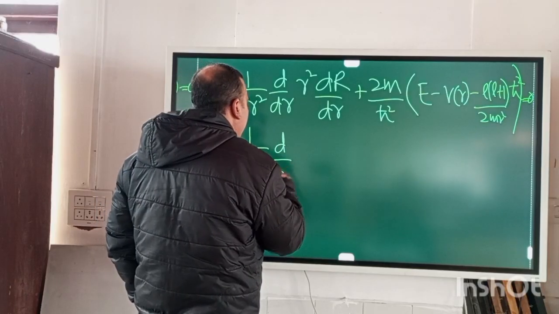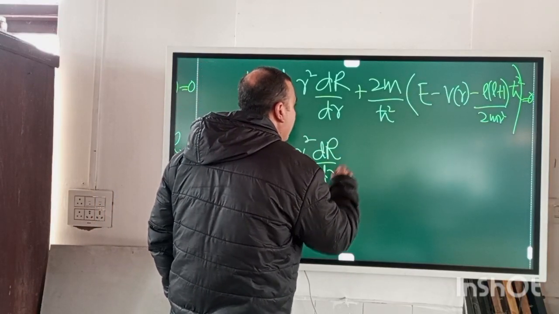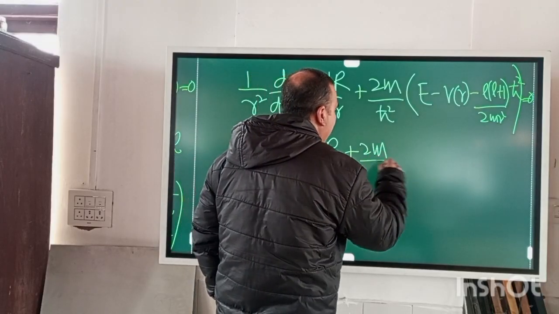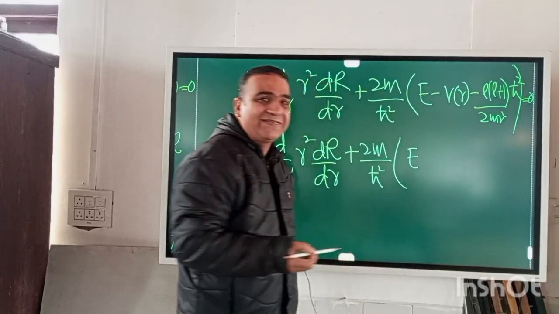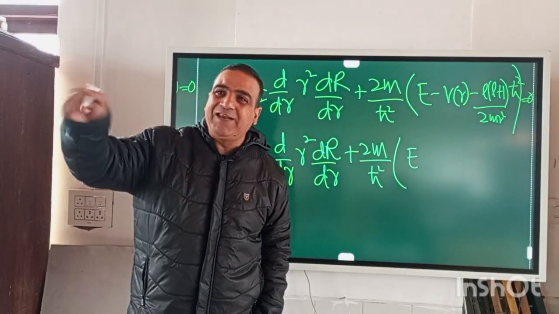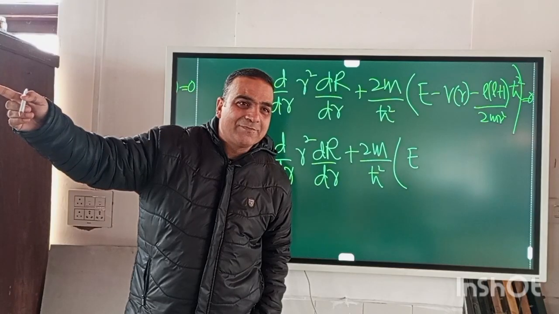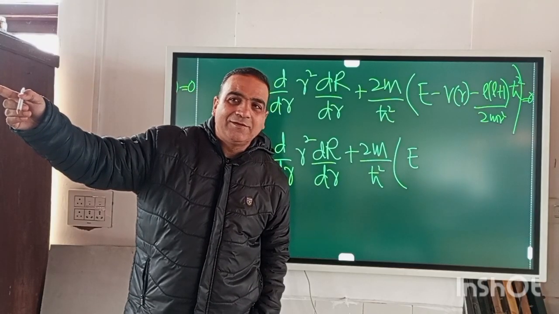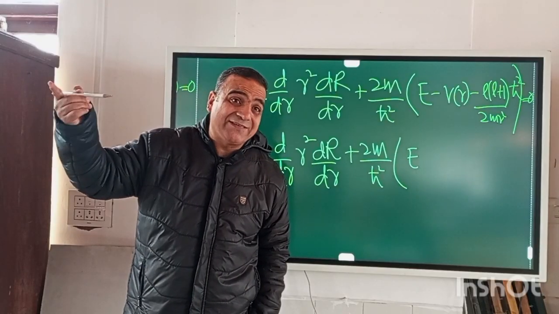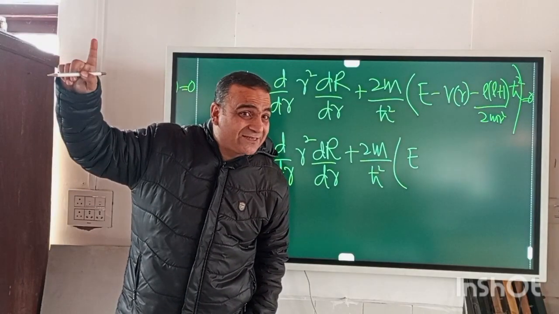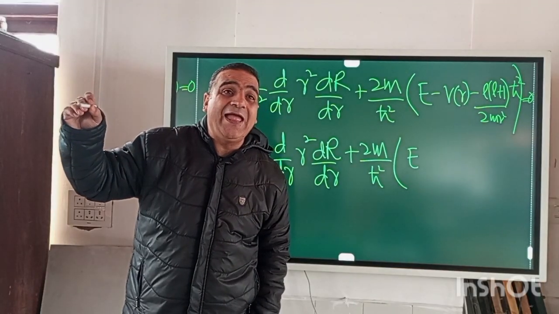So I can write down another step. 1 by r square d by dr of r square dR by dr plus 2m by h bar square times E minus, but what is the potential energy between electron and proton? Is it positive or negative? Come on. It is Q1 Q2 by 4 pi epsilon naught r. But Q1 is plus, Q2 is minus. So it's minus, isn't it? So it is minus e square by 4 pi epsilon naught r.